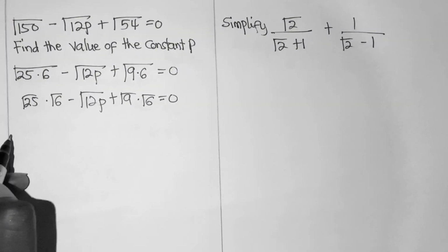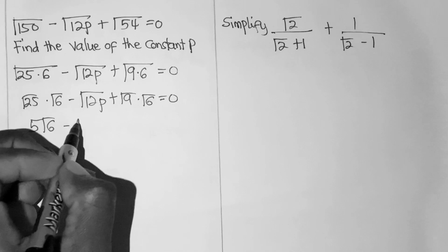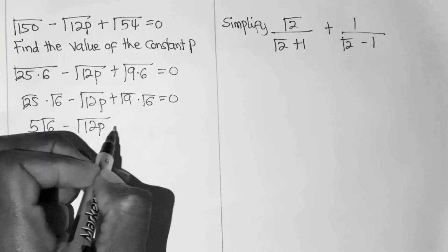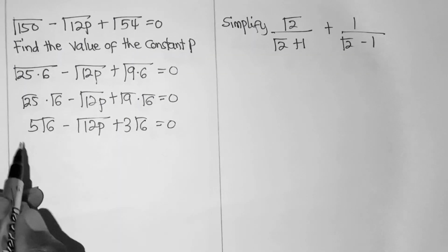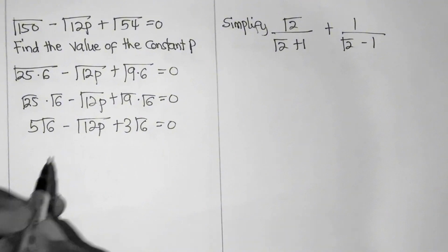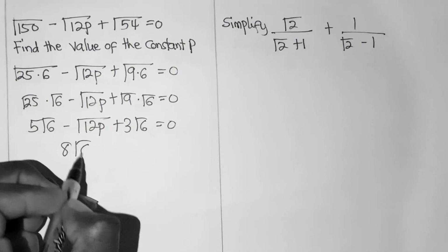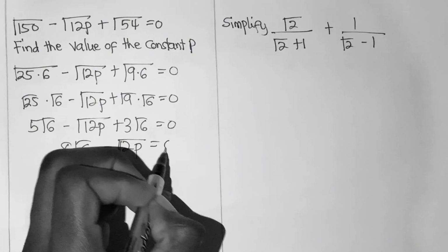is equal to 0. Square root of 25 is 5, so here's 5 root 6 minus square root of 12p, then plus square root of 9 is 3 root 6, equals 0. So 5 root 6 plus 3 root 6 is 8 root 6, minus square root of 12p is equal to 0.